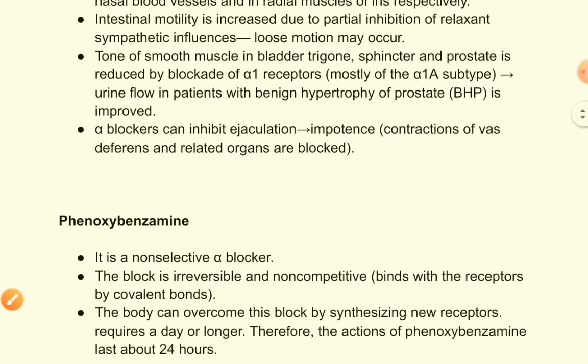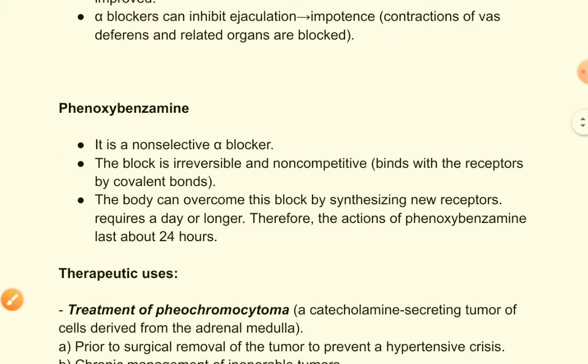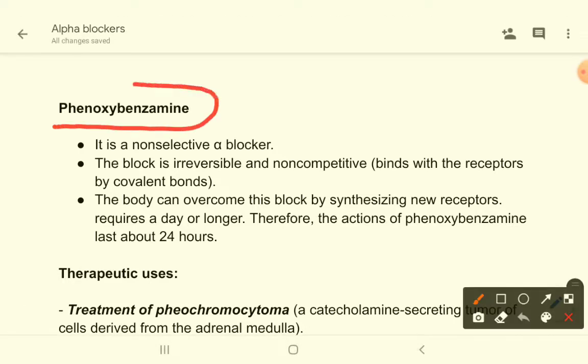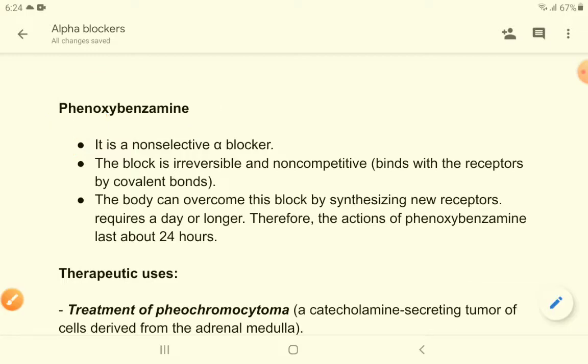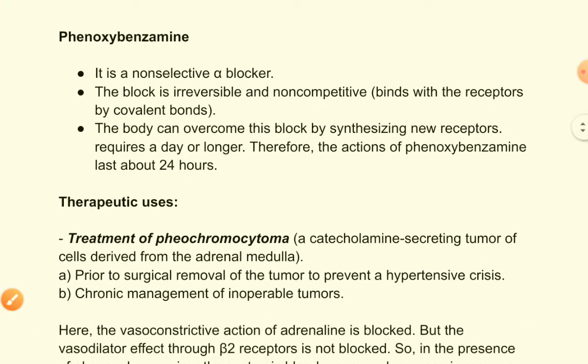Okay. Now let's talk about a few drugs. Number one is phenoxybenzamine. This is a non-selective alpha blocker, and let's look at its therapeutic uses. Where should we use this drug?